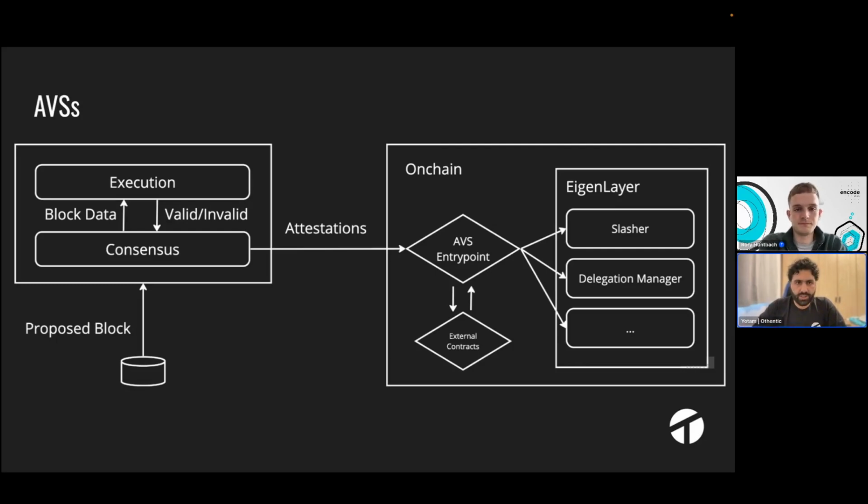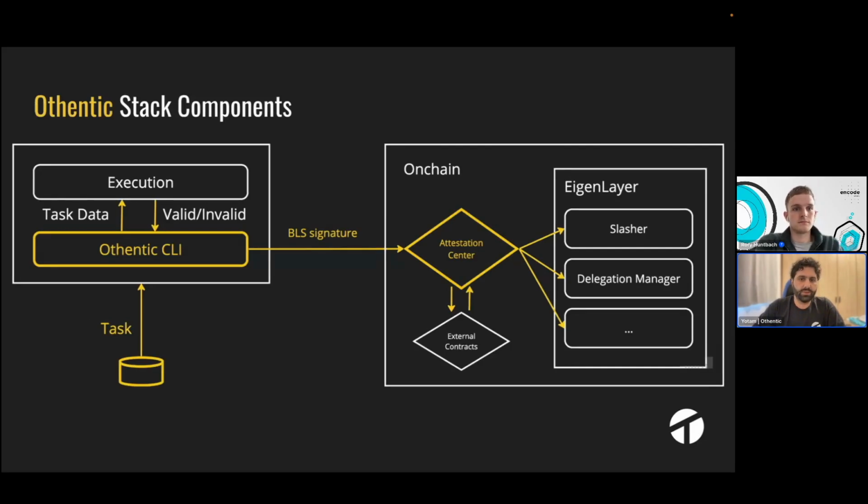The Othentic Stack basically gives you some parts of the necessary components. The two main parts that the Othentic Stack gives you are the Othentic CLI, which can be used to build your own consensus client, and what we call the attestation center, which is the entry point contract for all the different contracts that interact with EigenLayer.